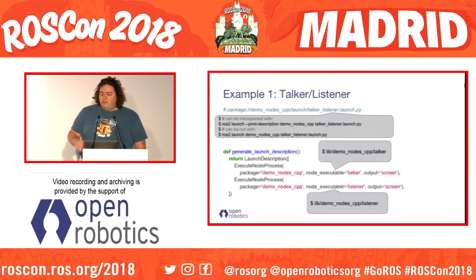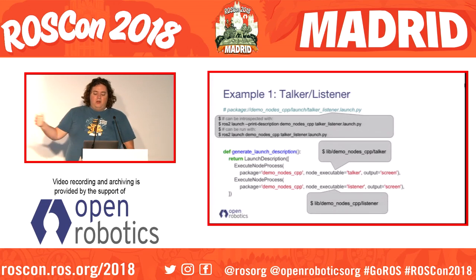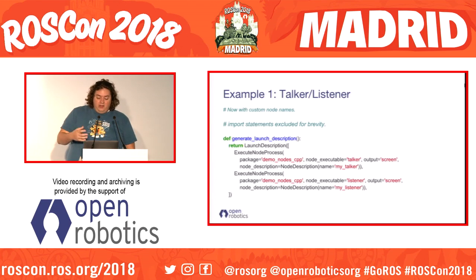What's going to happen here should be pretty obvious if you're familiar with launch. It's going to find the executable for these two things and run them when you ask it to run. We'll iterate on this slightly and say we want to change the names of the nodes we're running. We're still finding the talker and listener, but we're adding a node description.